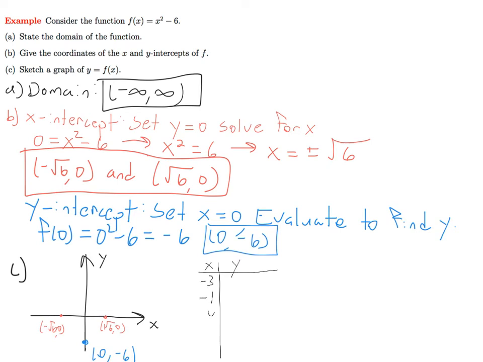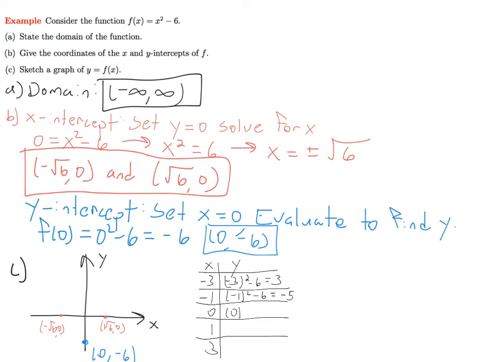So for example, picking a few more values of x to figure out what the corresponding y value is, plugging minus 3 into the formula for f, I would get minus 3 squared minus 6, which would give me a positive 3. Plugging minus 1 in would give me 1 minus 6, which is minus 5.